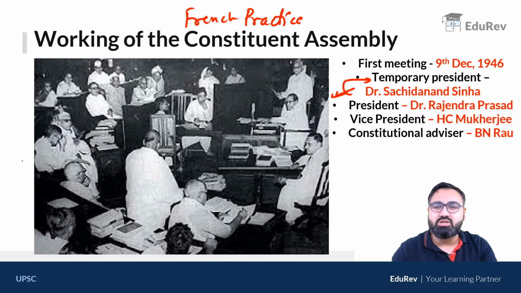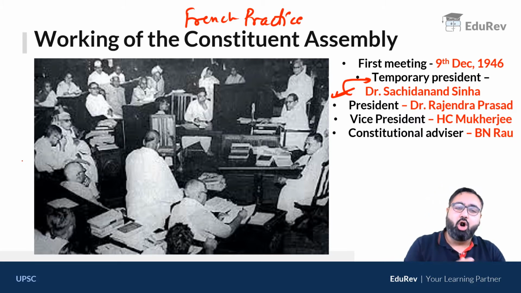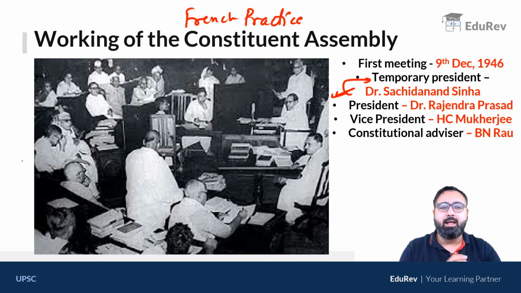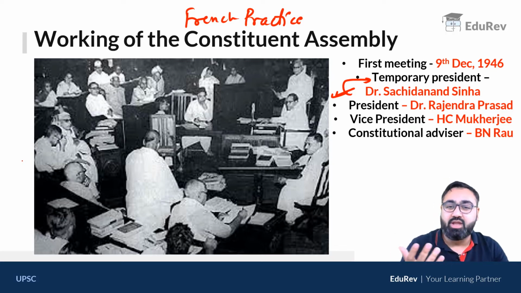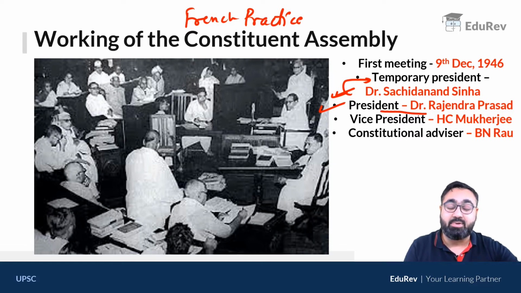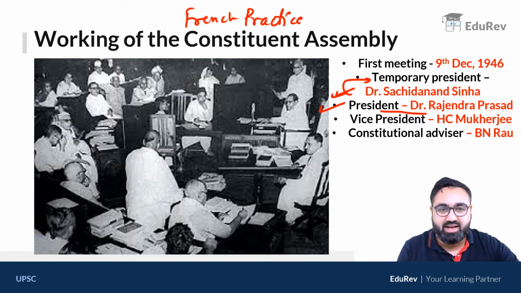Temporary why? Because he was there just for 2 days. On 11th of December 1946, the assembly voted to elect their full-time president. This full-time president was Dr. Rajendra Prasad. Now remember, the assembly was not electing Rajendra Prasad as president of India. He was being elected as president of the Constituent Assembly.